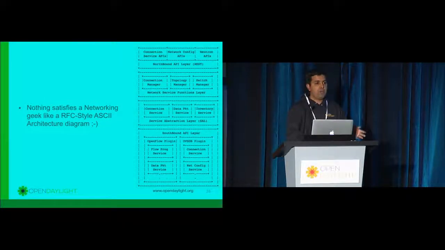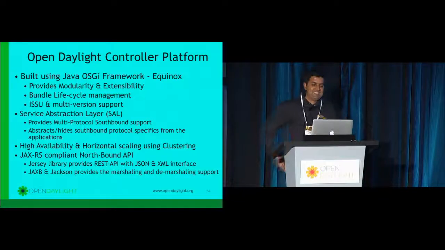And please stop me on any slides, because once we go to the hands-on, there's no stopping after that, right? So the controller is built based on OSGI. It's been repeated multiple times. For those who are interested, we use the Equinox framework, not the Apache Felix or the Knopflerfish version.